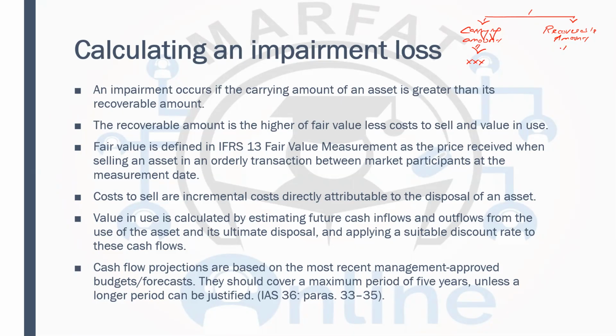And then we need the recoverable amount, which is the higher of what? Value in use and fair value less cost to sell. And we know the value in use is the present value of future cash flows.